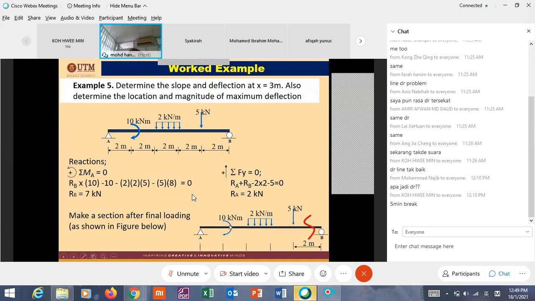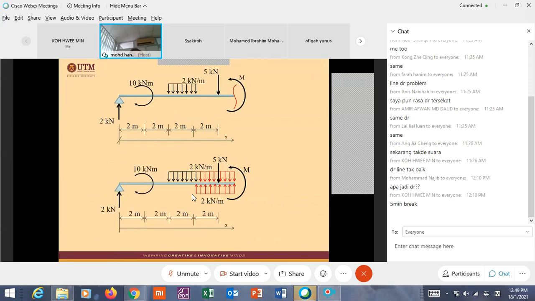For this moment, and for this loading, we need special treatment, where you have to extend this loading up to the point where you are deriving the moment equation.